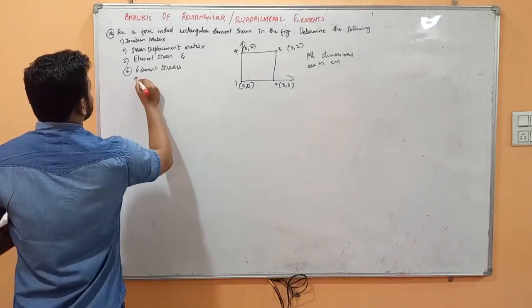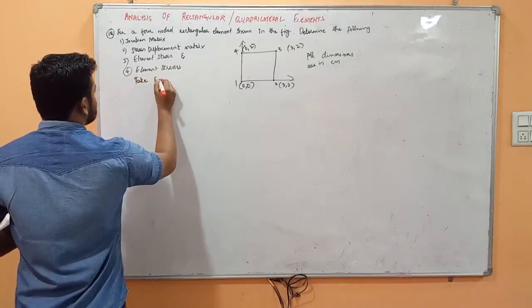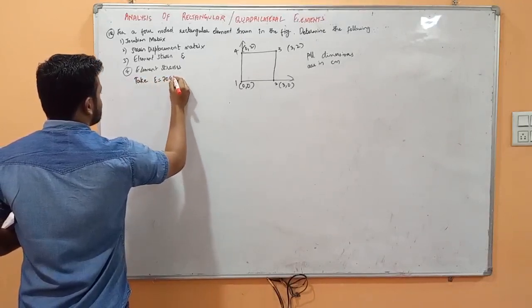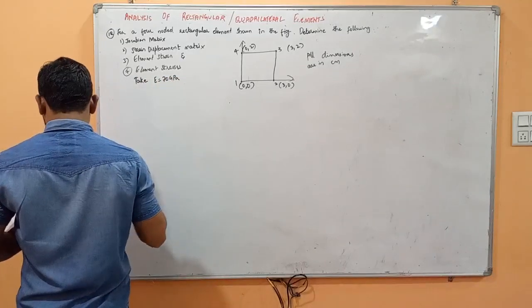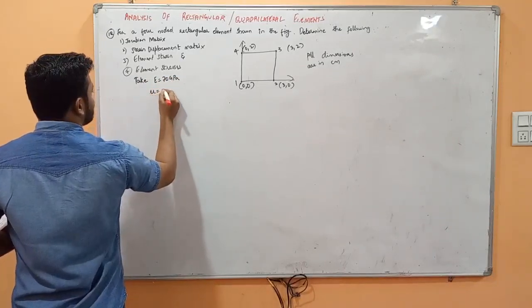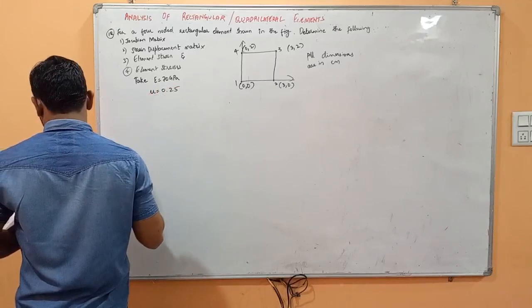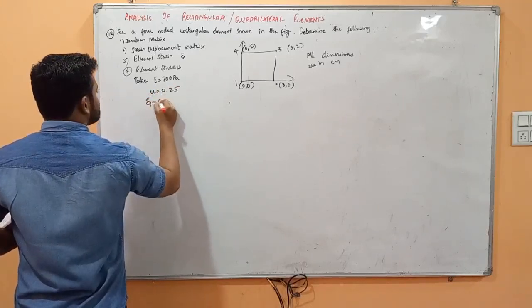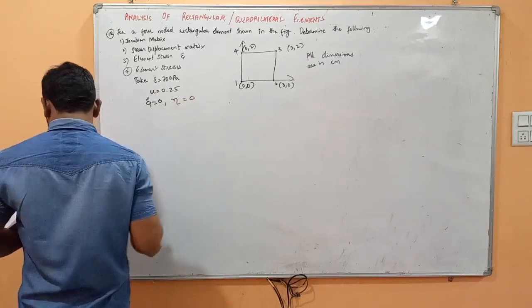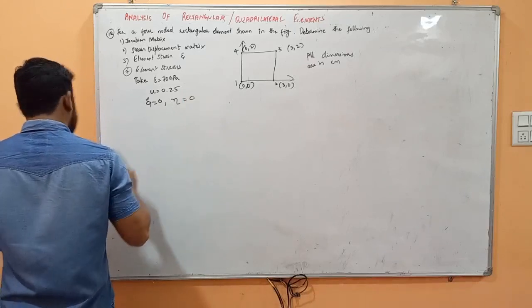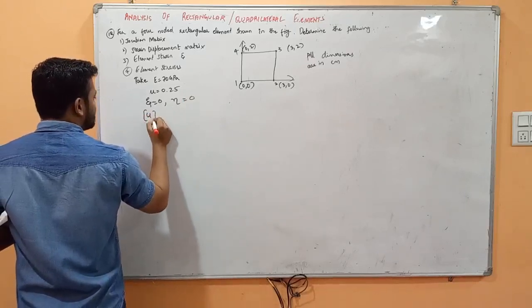And this is given in the question. Take E equals 70 GPa. Mu is given as 0.25, and eta is 0, and xi is given as 0, and these displacement values have been given in the question.